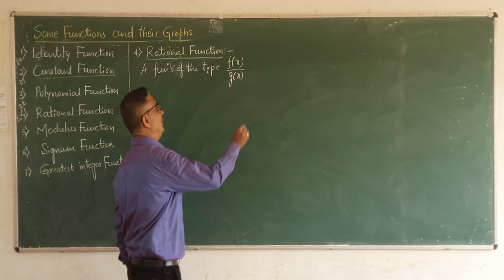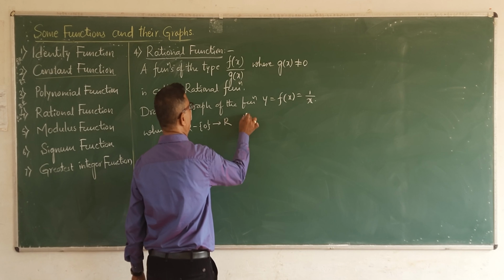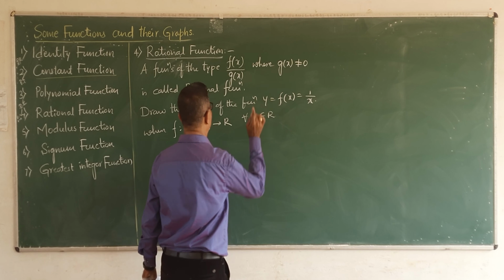Now, for example, draw the graph of the function y is equal to f of x, where f of x is equal to 1 by x, where f is from R minus 0 to the set of real numbers, for all x belonging to real numbers.